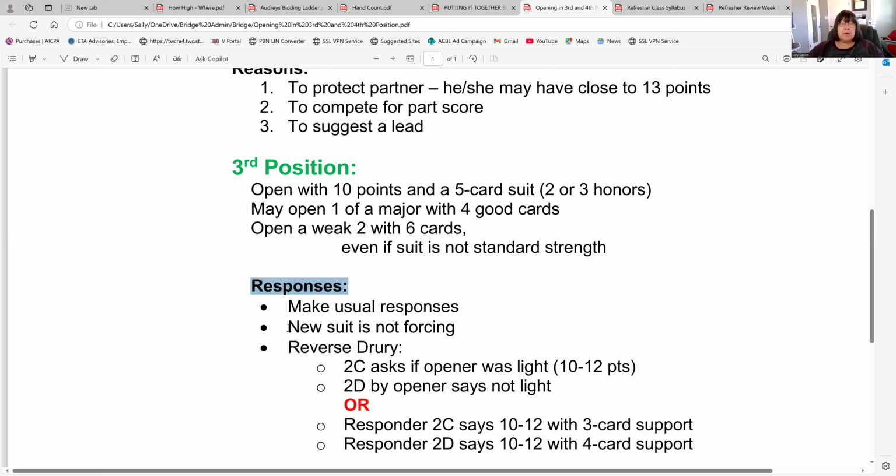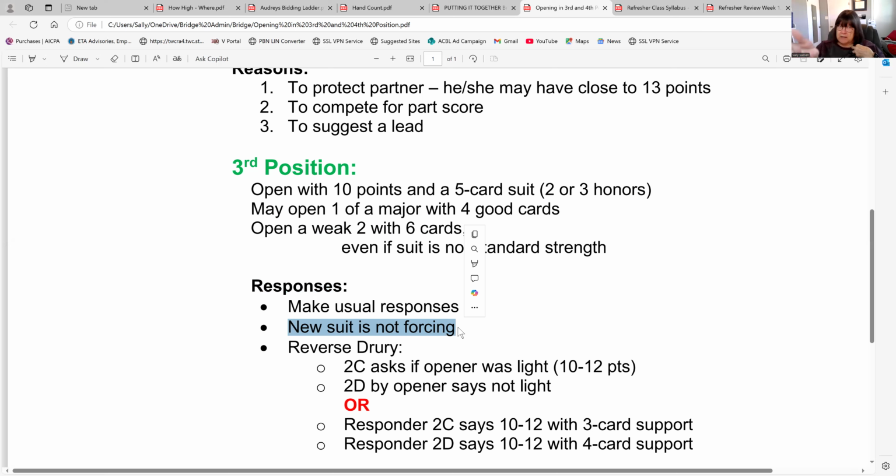But a new suit by you is now not forcing. Okay, because partner in third position made a bid that might not be a real opening hand bid. Ordinarily a new suit by a responding person is forcing, but not in the situation where you've already passed.